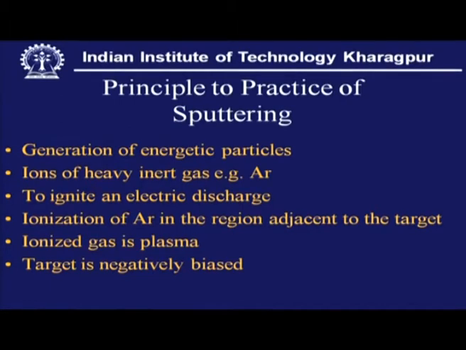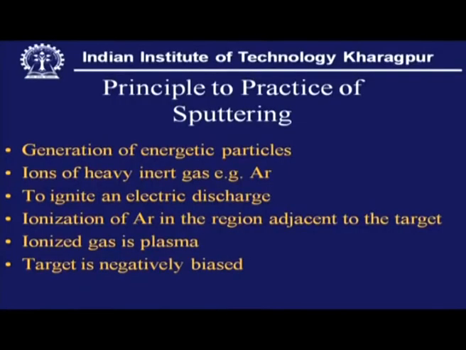In the process, obviously, within that chamber one has to keep one cathode and anode to initiate that electric discharge, and the target material, that means the source material from which the material will be dislodged and emerge like a flux, like a stream of sputtered material, is kept as cathode. So, this target which will serve as cathode is negatively biased.